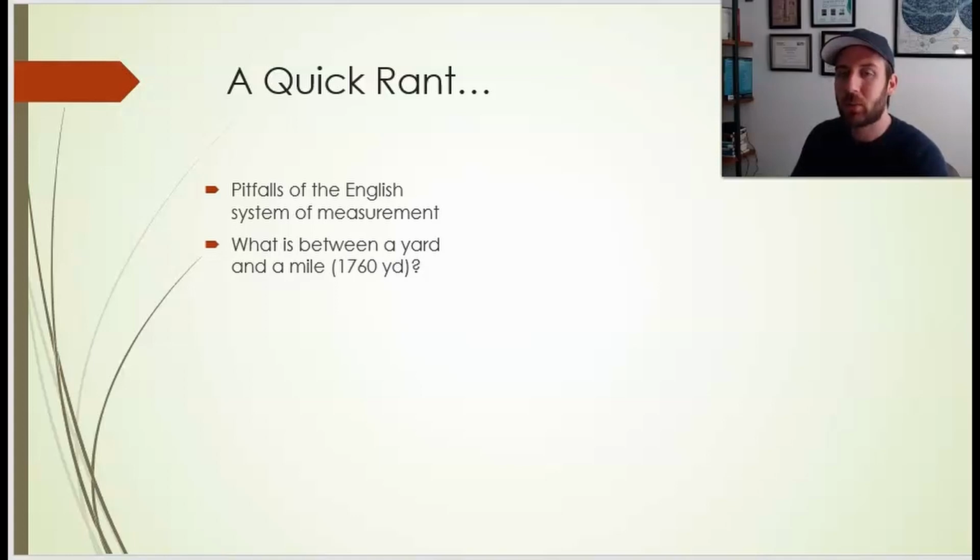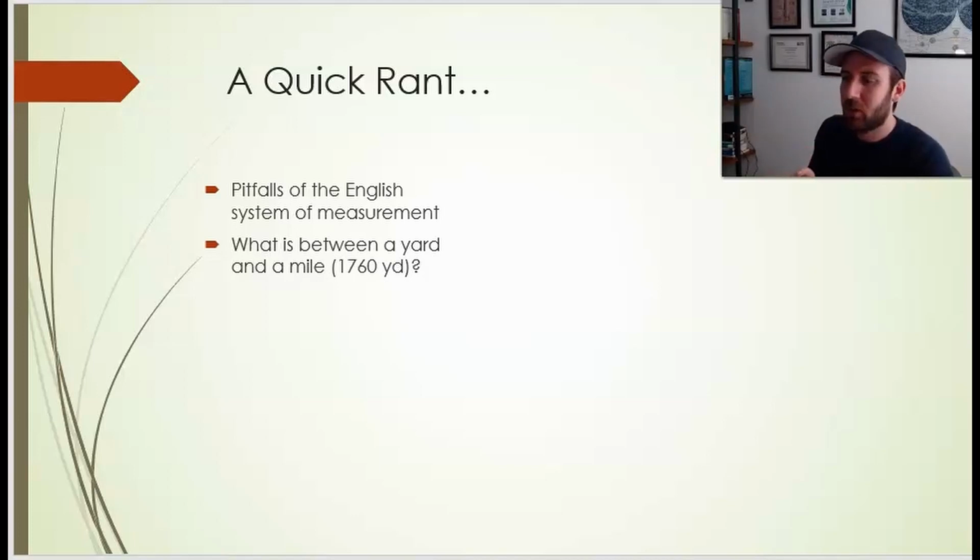But it's important that we recognize why they don't hold much meaning. It's not because the words inherently hold less meaning, it's because we grew up in a culture where we are simply familiar with a different system. But if we're allowing ourselves to step back from that system to really observe it as a third party, we're going to recognize that it's not nearly as good as the metric system.